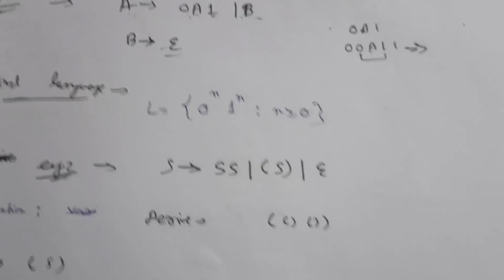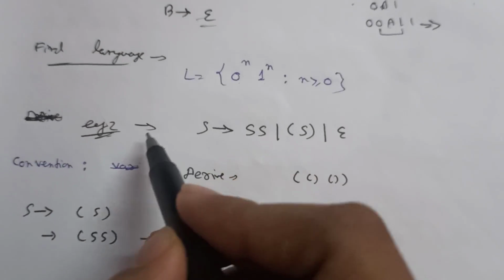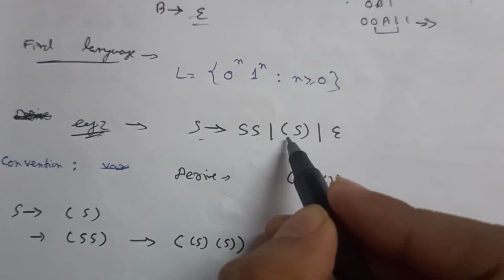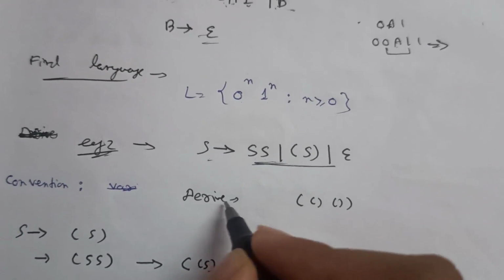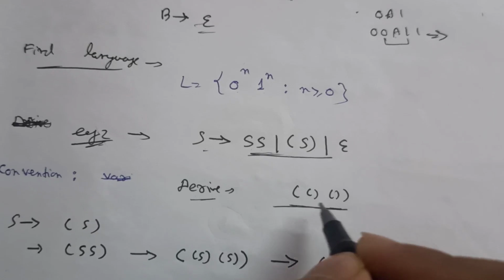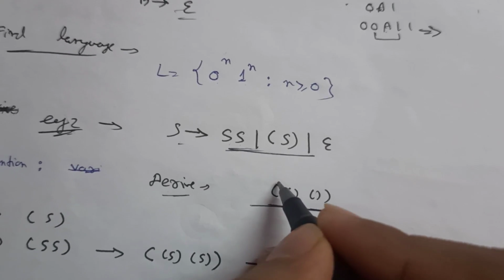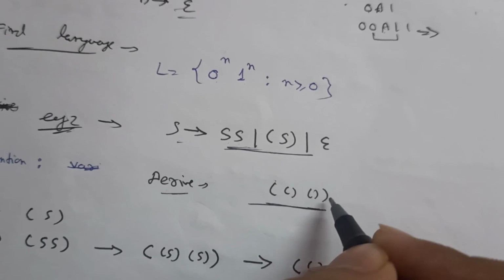Now check another example. Suppose this is a grammar: S to SS, S to (S), and S to null. From this I will have to derive this string. How do we do that? There are brackets on the outside, and inside the brackets we have something.